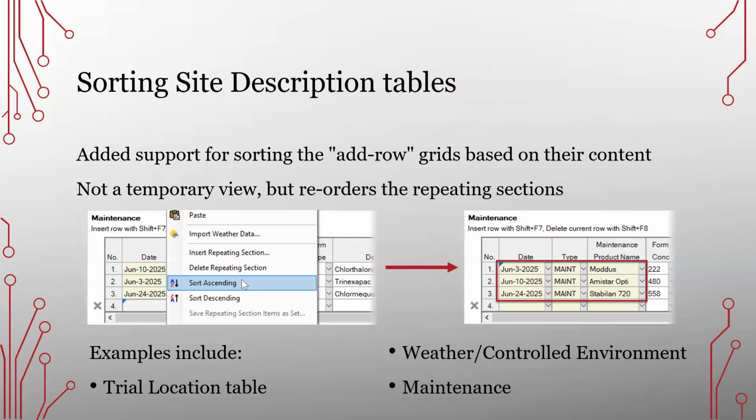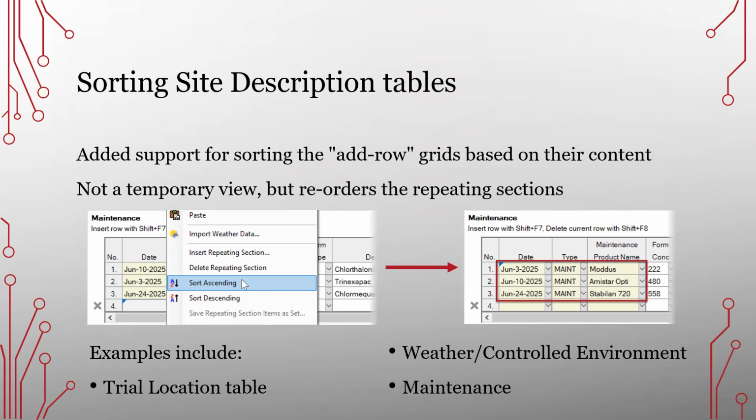This also applies to a couple of different tables throughout your site description or protocol description that I think would be most useful for this function. Your trial location table in the protocol, when you're planning out the trials, lets you sort by really any column in that table, like the weather or your controlled environment.